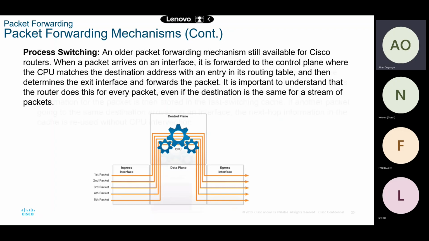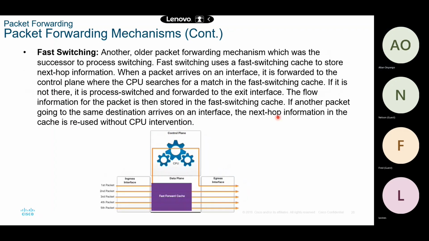And so this is too much load that is put on our CPU. When you look at the second method, which is called fast switching, a little bit older method, but still very relevant, a packet that is going to a particular destination is only going to be processed once. If a similar packet comes, then this time around, the router has what is called a fast switching cache, to store the control plane information.